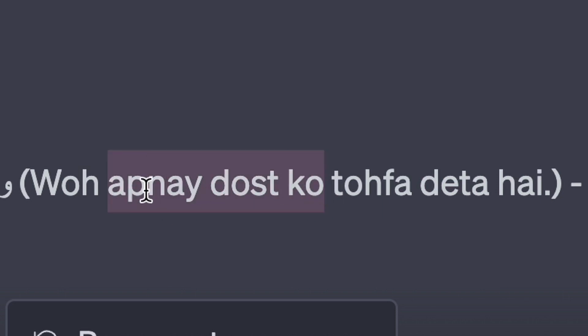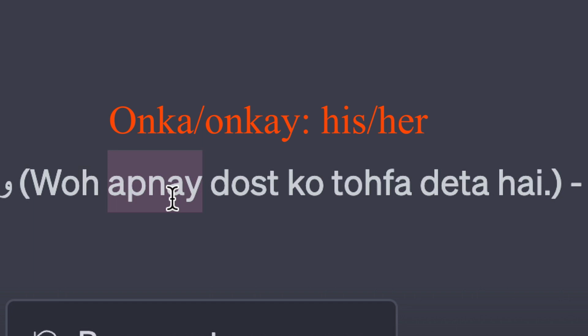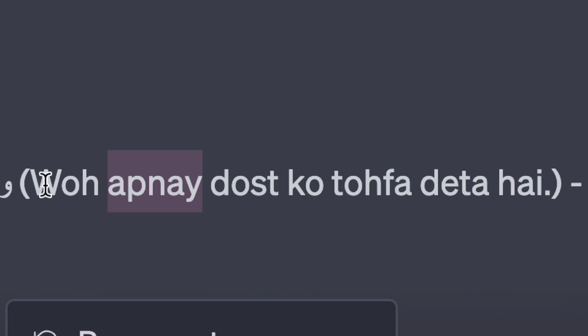अपने means his. So many of you might be wondering what apne means. When the subject of the sentence is also the possessor of the noun, then the usual possessive adjective, which is unka, meaning his, cannot be used. Here, wo is used, and wo and unka cannot come together in the same sentence. So therefore, we are using apna here.